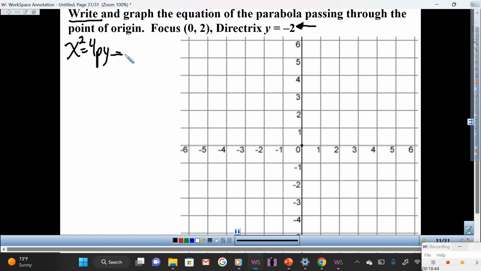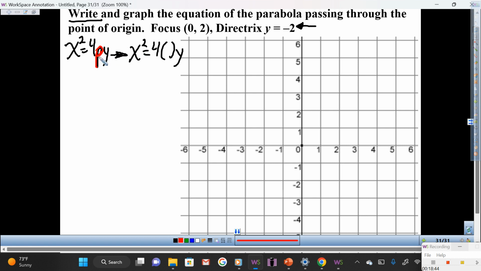All right, so far so good. But now we need to customize it to this information that they give us. So I'm going to rewrite this as x squared equals 4 parentheses y. So which means I need to substitute a value for the variable p. Notice that I did it in red. What did we use in red for the graph?